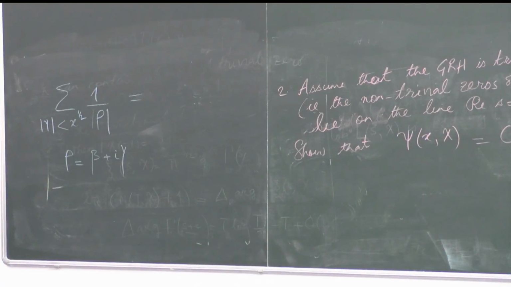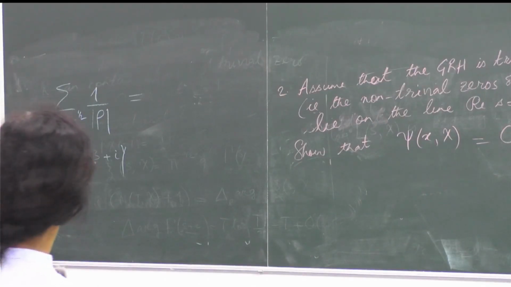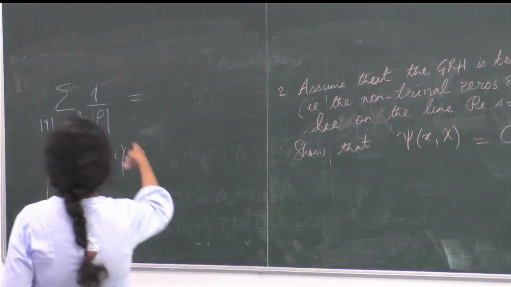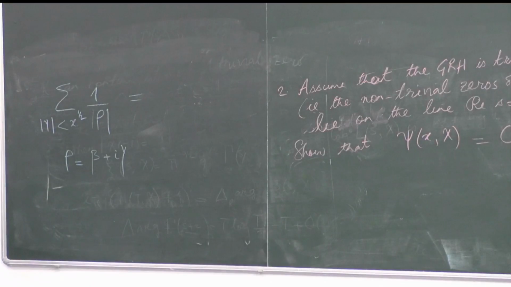What is the maximum? I mean, any bound will do. Tell me what kind of a bound you can expect here. So this will give me a log, right? And these rho are non-trivial zeros of L(s, chi). L has a conductor Q. So the Q has to show up somewhere.